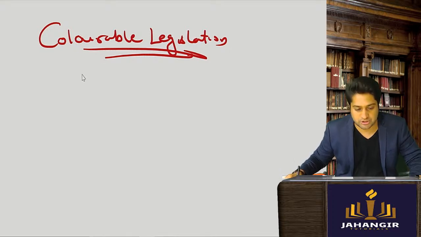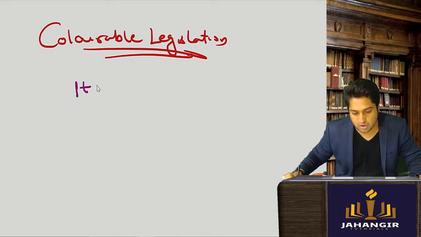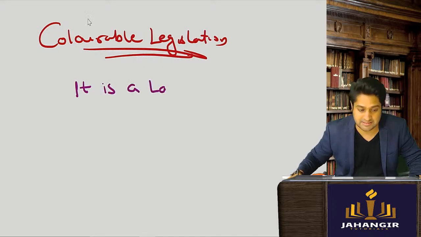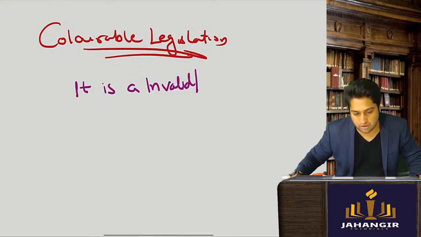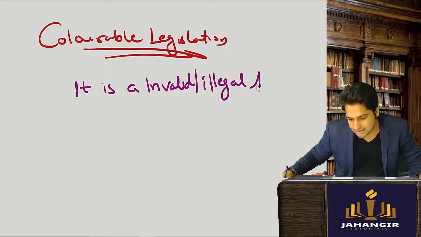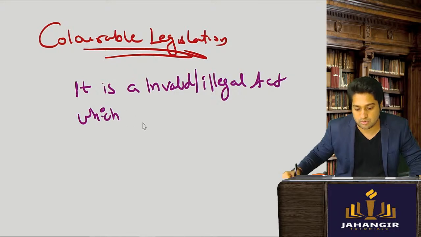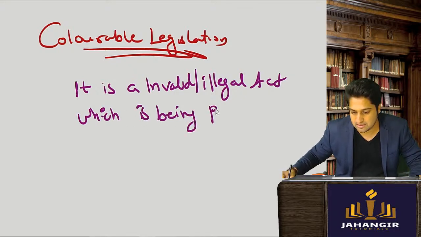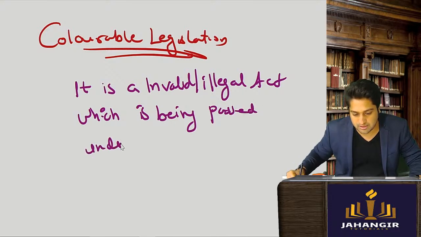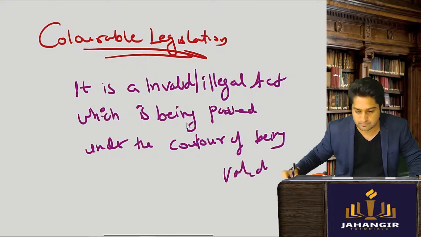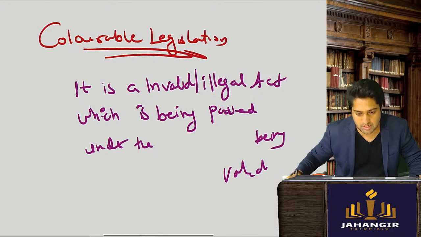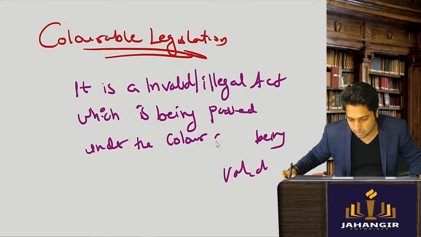So a colorable legislation is actually an invalid, illegal law or act, which is being passed under the color of being valid.